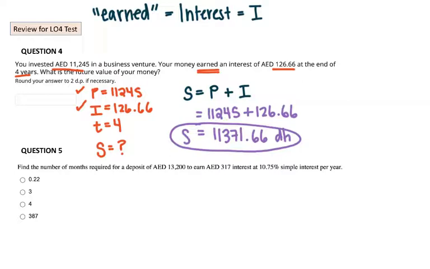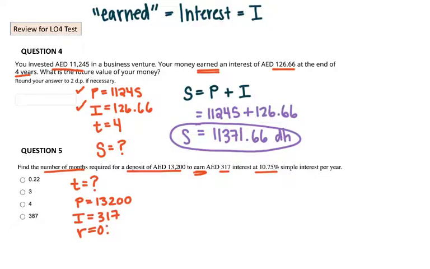Okay, let's read the next question. And we see find the number of months. So that's a time. We're looking to find a time. The deposit, so that's our P, that's our starting value. P is 13,200. It earns, so we label that as I. It earns interest of 317, and the rate, the percentage, is 0.1075.